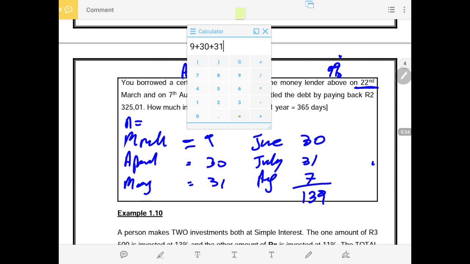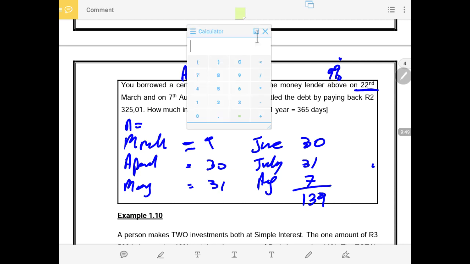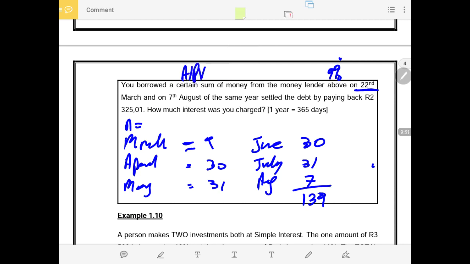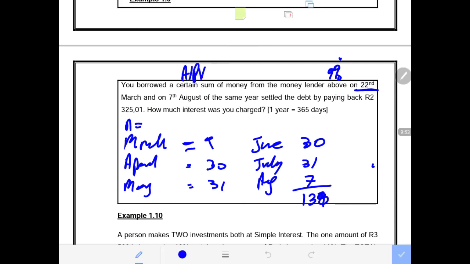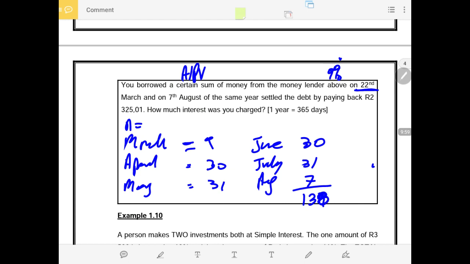May is 31 days. June is 30 days. July is 31 days. August, we only need 7 days. It is 138 days. I don't know how I got to 139, it was just a miscalculation. All the months are correct, so we have 138 days in which this amount was borrowed.